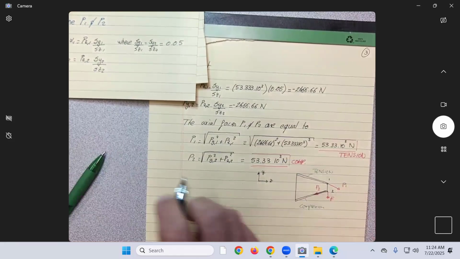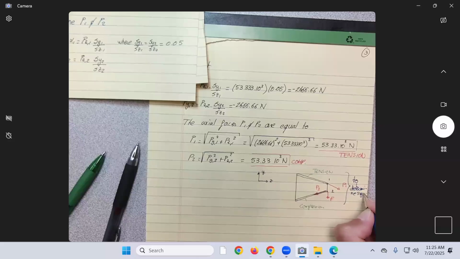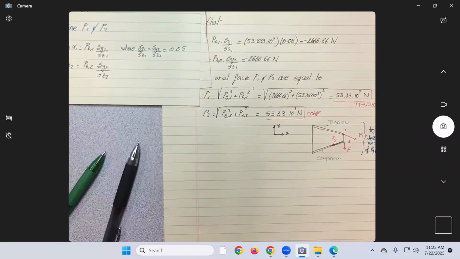This figure is to determine the sign of Py and Pz, but again, that's not that important.